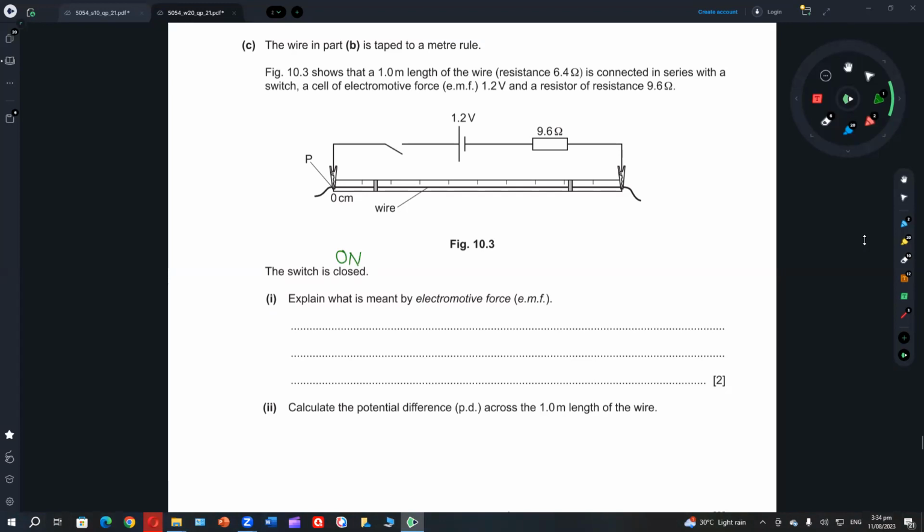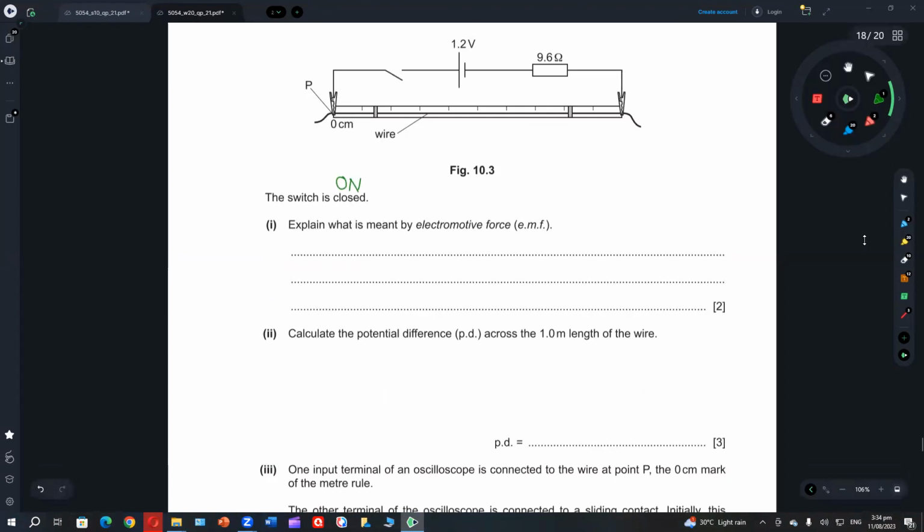Explain what is meant by EMF. If this is a memory, what is EMF? Energy transfer to electrical. It is the energy dissipated. You have to learn the definitions just like memory.